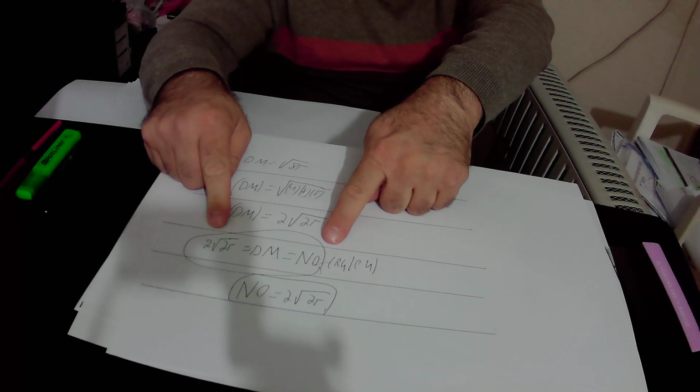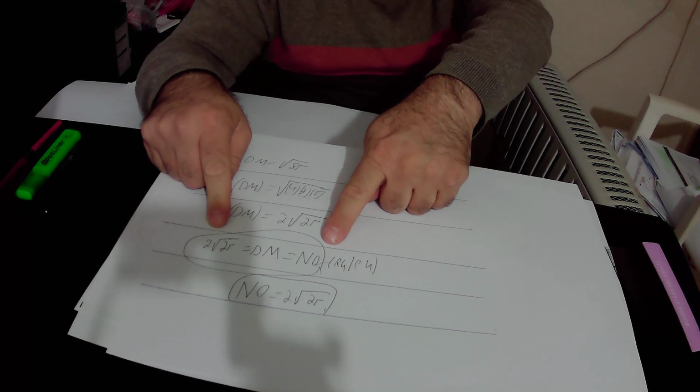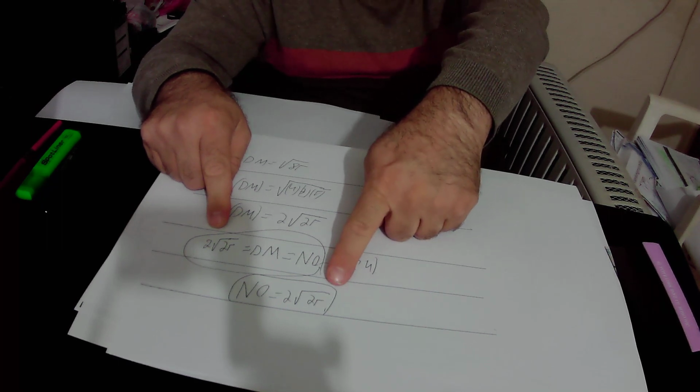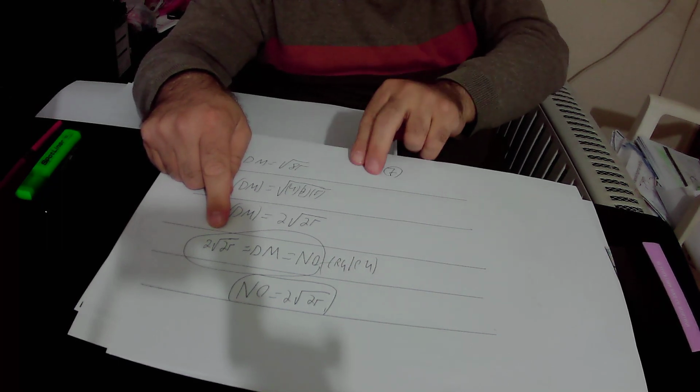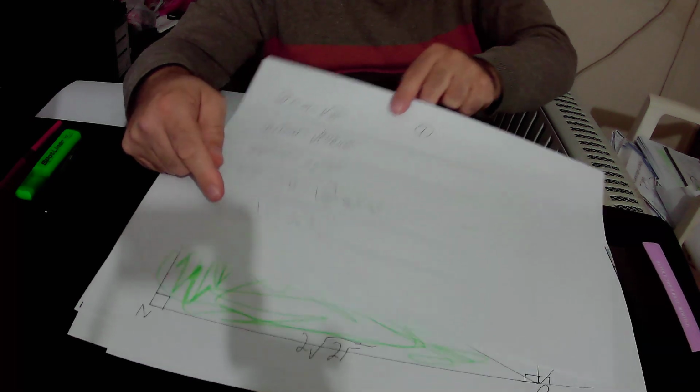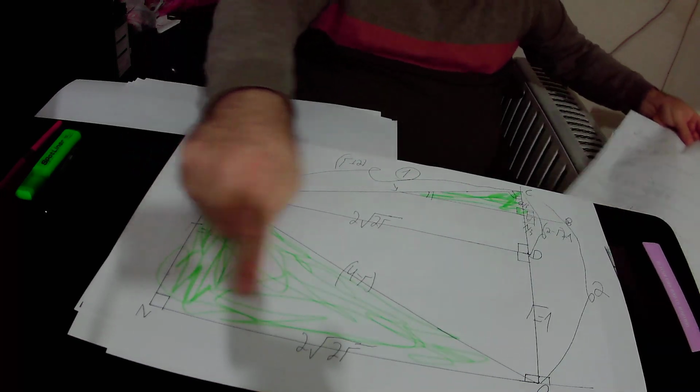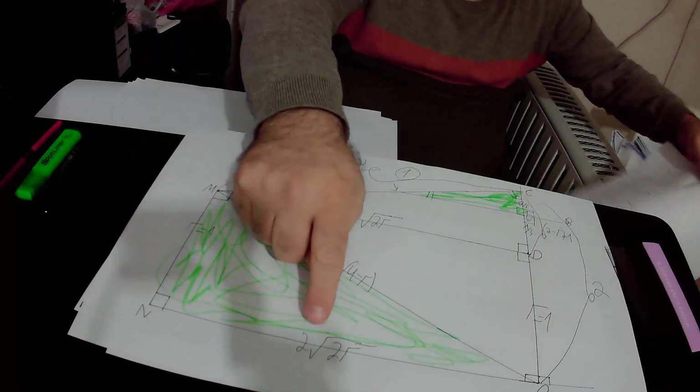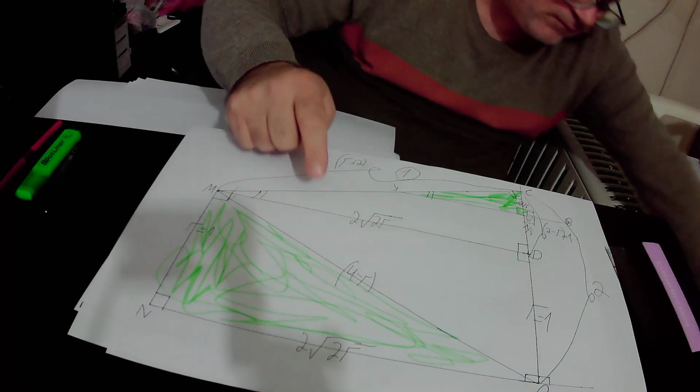From this equality we derive that NO also equals 2 times the square root of 2R. We wrote here that NO equals 2 times the square root of 2R.